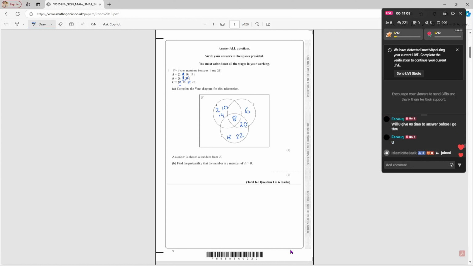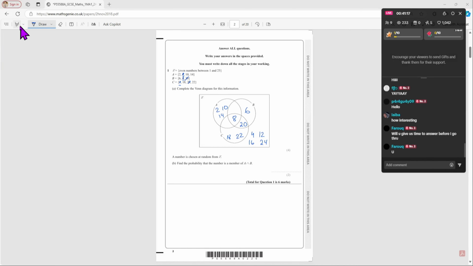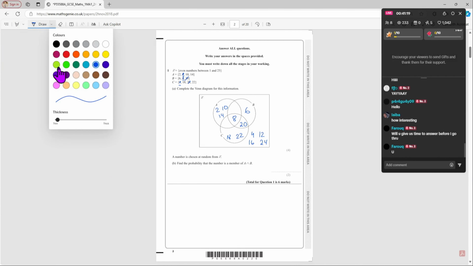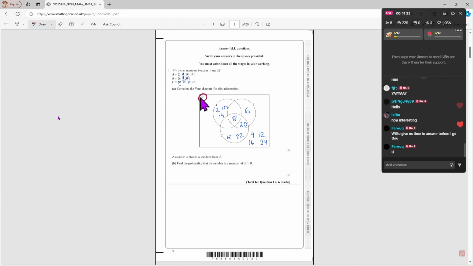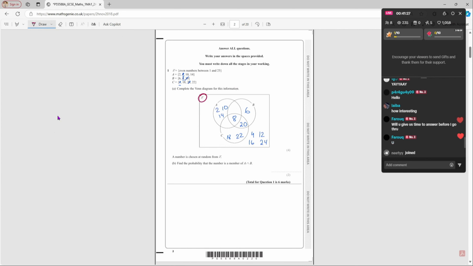The numbers that are remaining are 4, 12, 16, and 24. Those go outside of our circles, but they need to be inside the box, because as you can see, we have the universal set sign over here. This means that you need to have every single number inside your Venn diagram. So that was literally it.